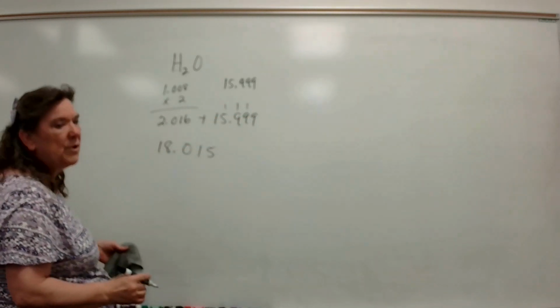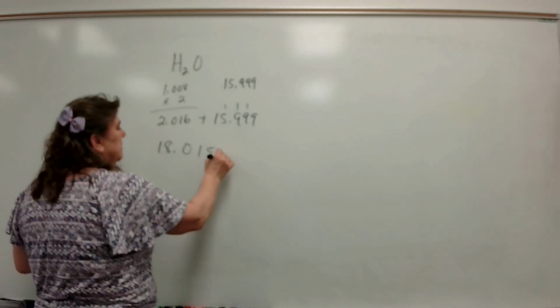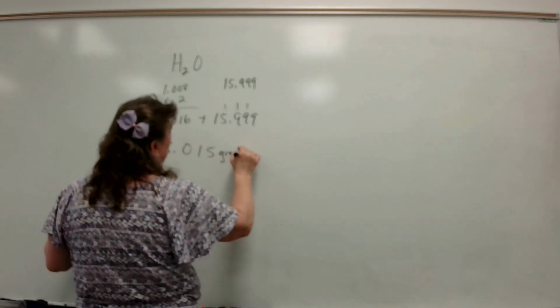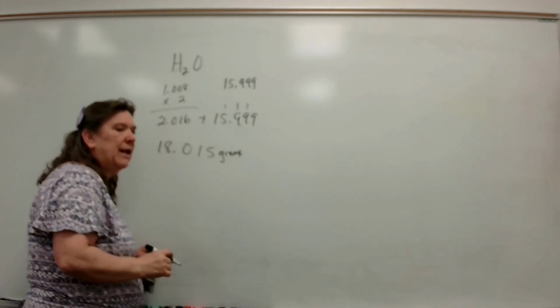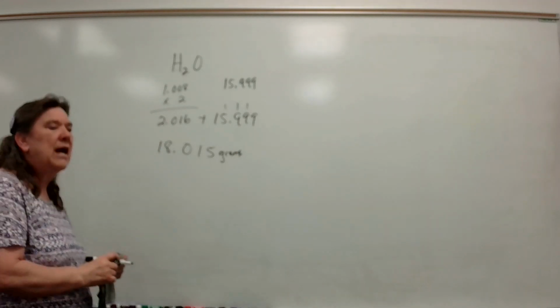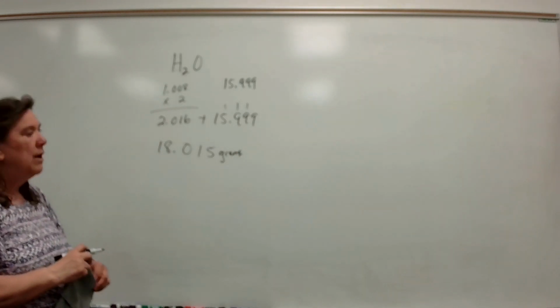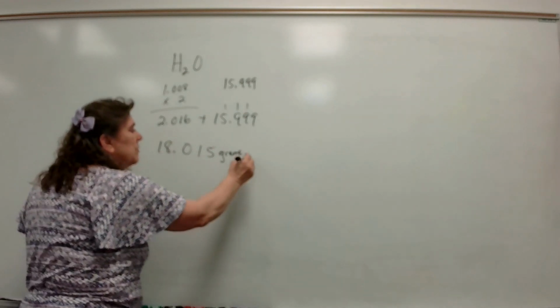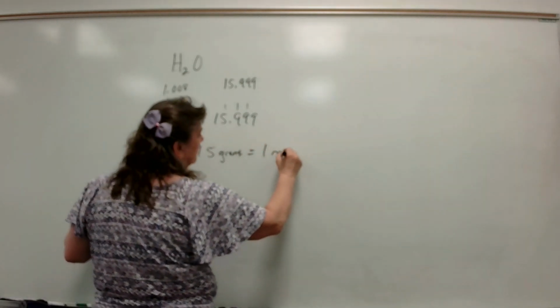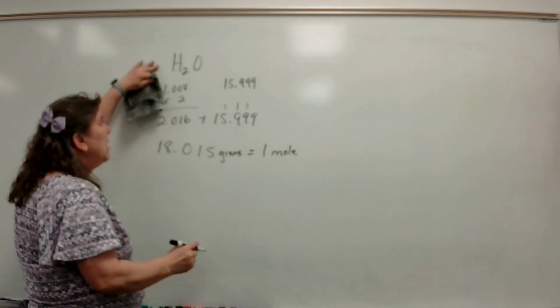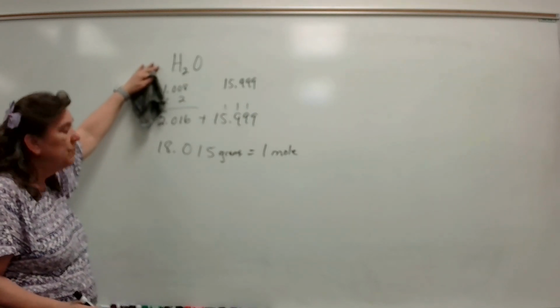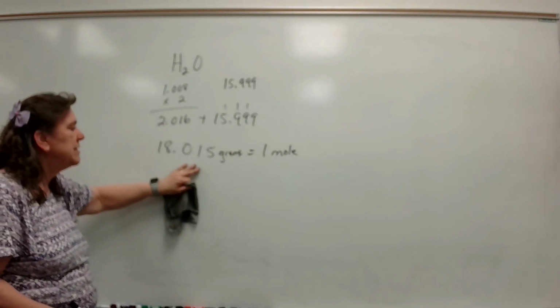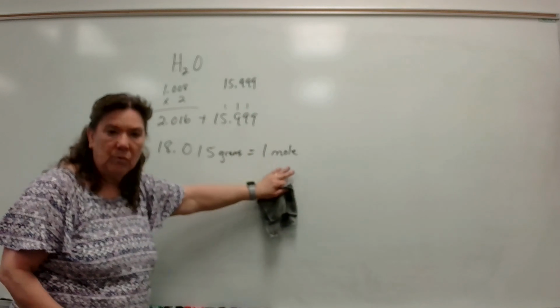Okay, 18.015 grams is how much is in there. Now, if I asked how many moles are in, and this is equal to 1 mole. So 1 molecule of water, H2O, has 18.015 grams in 1 mole.